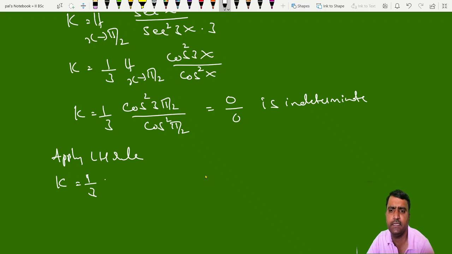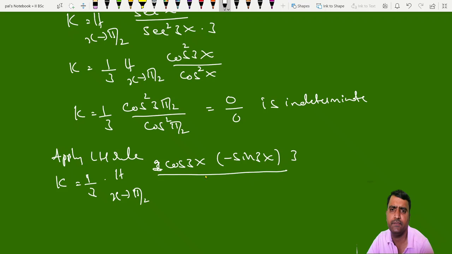Differentiation of cos square 3x is, sorry, 2 cos 3x into differentiation of cos 3x, which is minus sin 3x, and again differentiation of 3x is 3. This is divided by differentiation of cos square x, which is 2 cos x into differentiation of cos x, which is minus sin x. That's all.